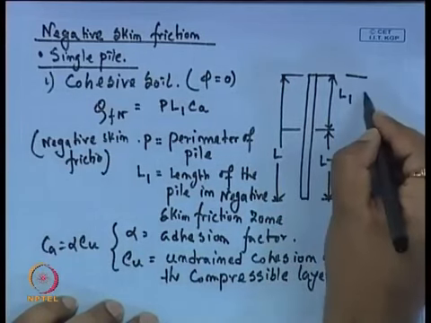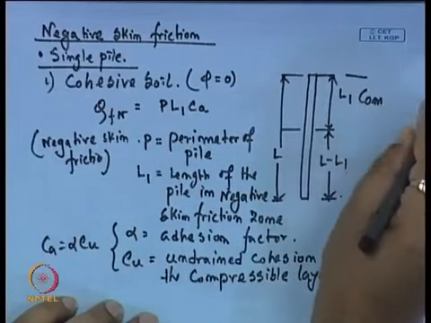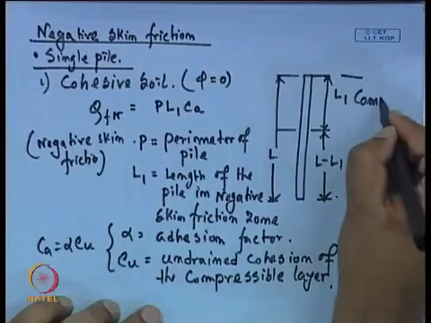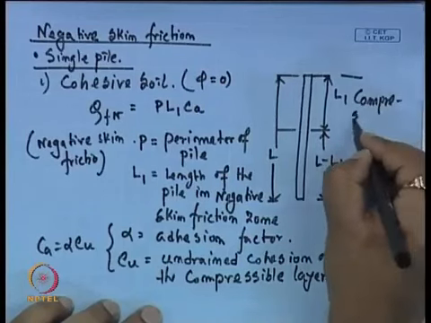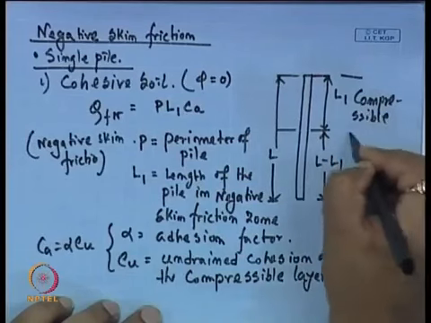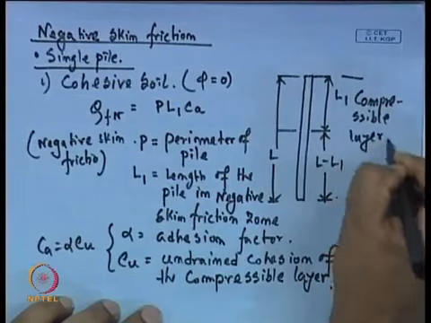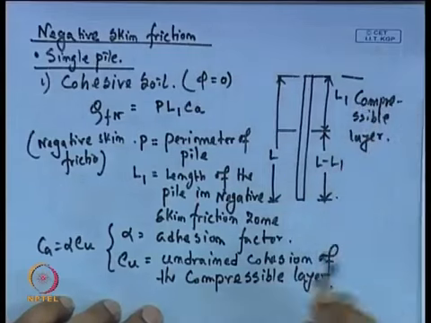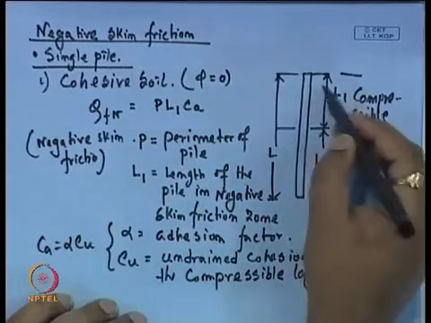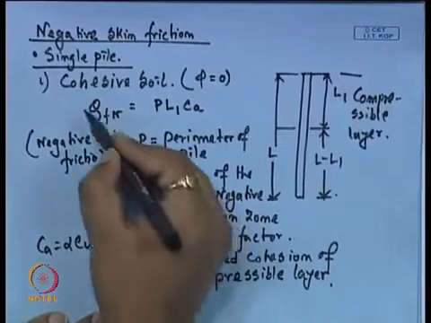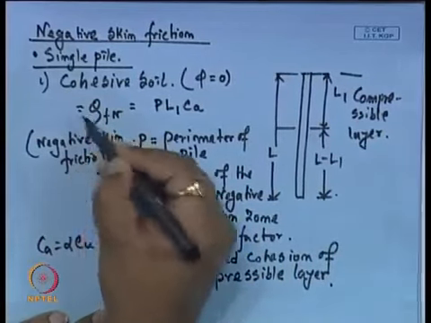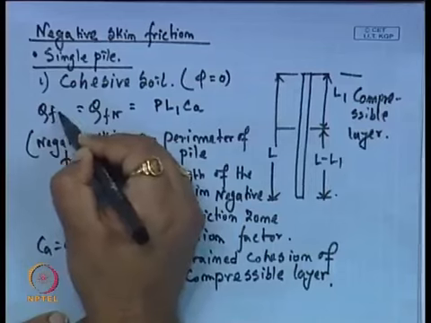Suppose this one is the compressible layer, so up to this L 1 is the compressible layer. So, that is the negative skin friction we are talking about, which initially we mentioned as Q f 2.